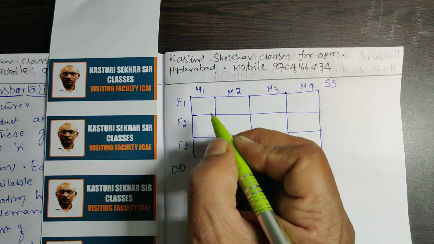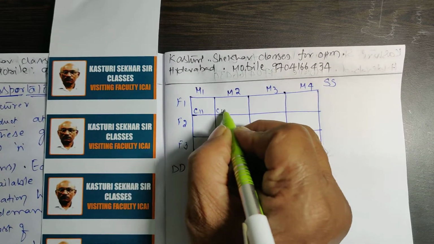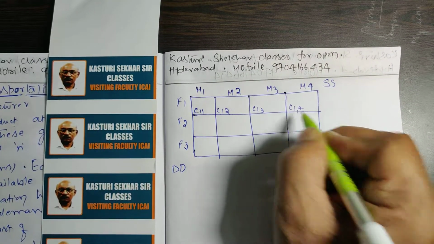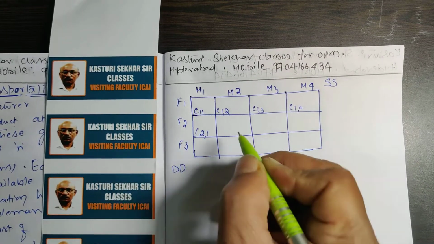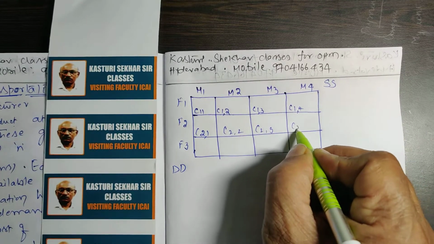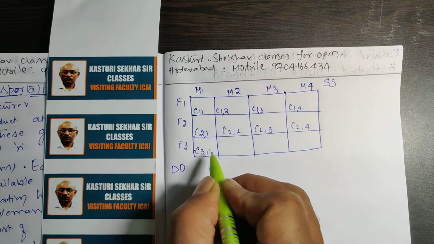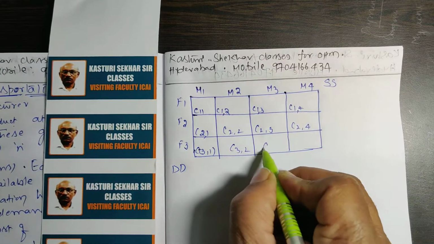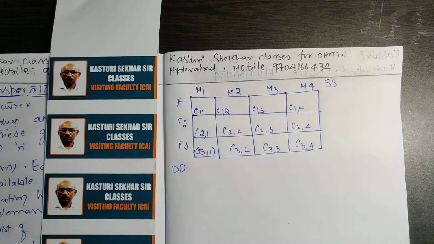In addition to this, per unit transportation cost is given: C11, C12, C13, C14, C21, C22, C23, C24, C31, C32, C33, C34.